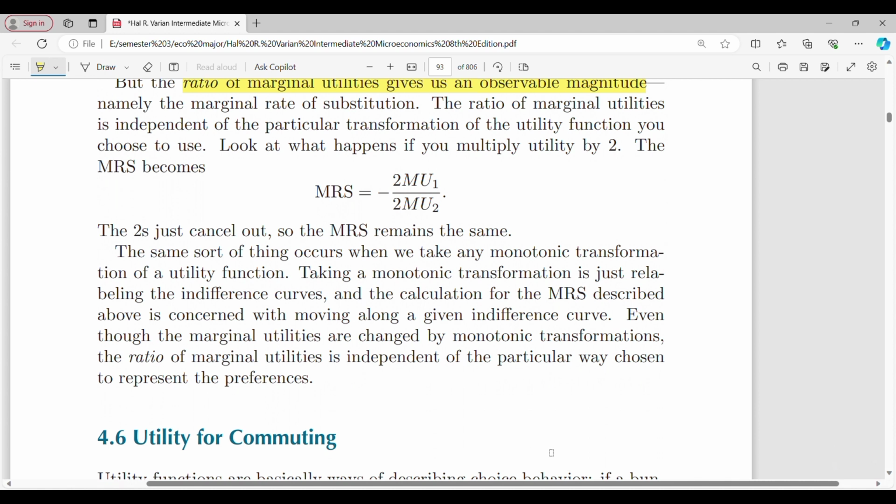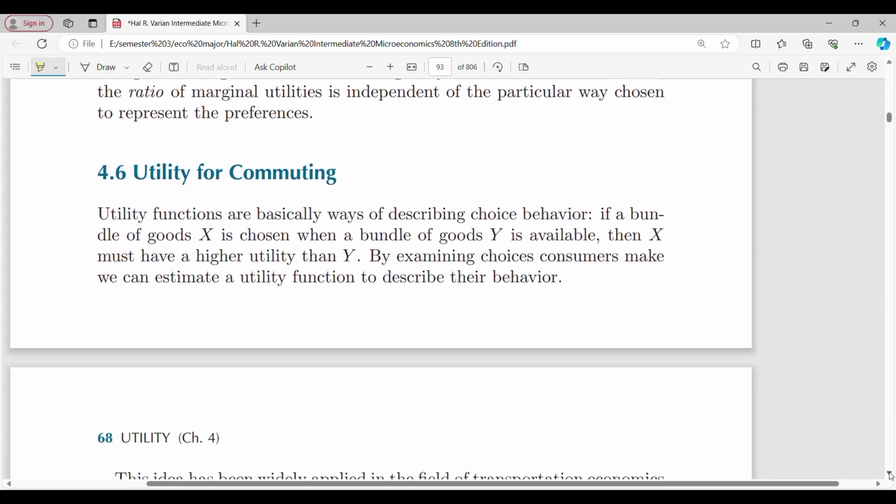Then, taking a monotonic transformation is just relabeling the IC, and the calculation of the MRS is concerned with moving along a given IC. Even though the marginal utilities are changed by monotonic transformation, the ratio of the marginal utilities is independent. So that's what we discussed now.